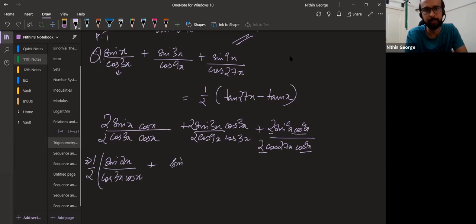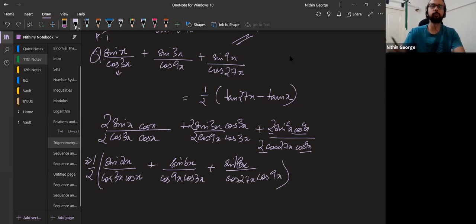Here numerator becomes sin 6x divided by cos 9x plus sin 18x divided by cos 27x cos 9x. Okay, guys, what do you do next?